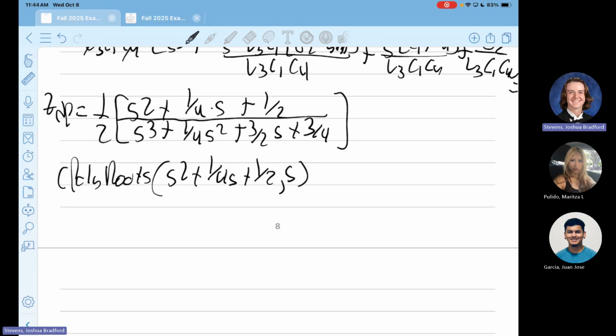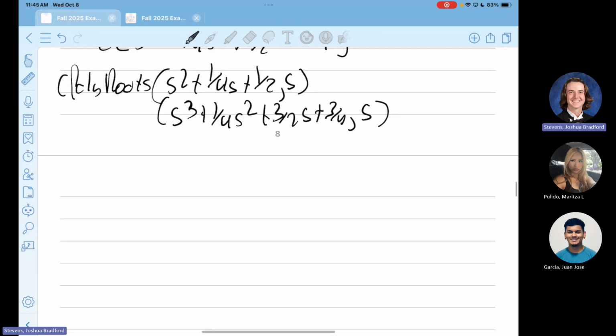That tells the calculator, I'm looking for the roots in s. That's it. Same thing with the denominator: s cubed plus 1/4 s squared plus 3/2 s plus 3/4, and then that same comma s. That'll get you your straight up roots.